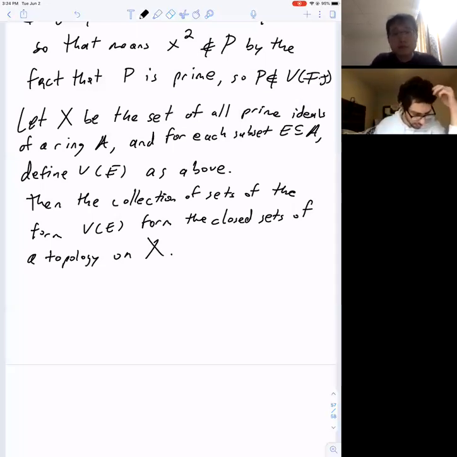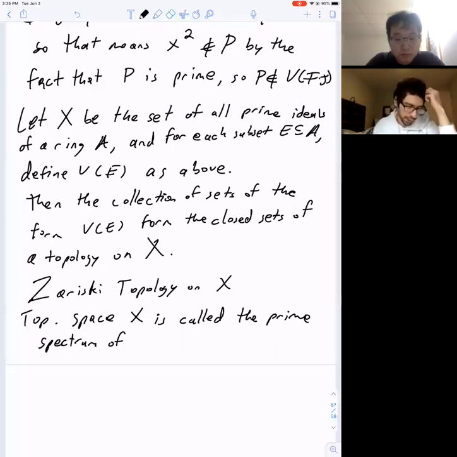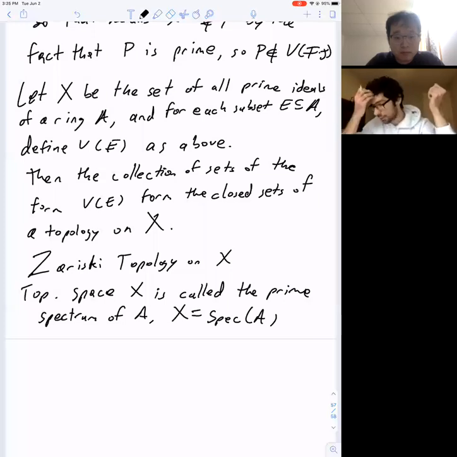So we say the Zariski topology on X, and the topological space is called the prime spectrum of A, and we can also denote it as Spec of A. Okay, so that gives you an understanding of the topology from closed sets.